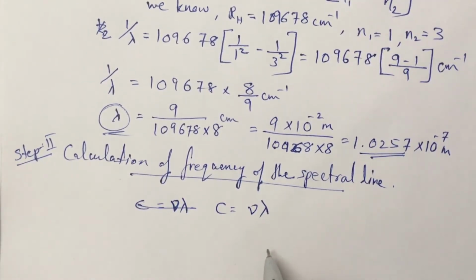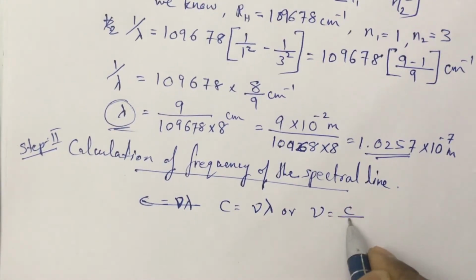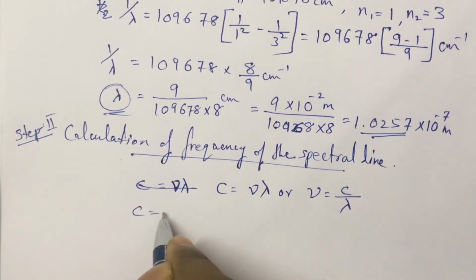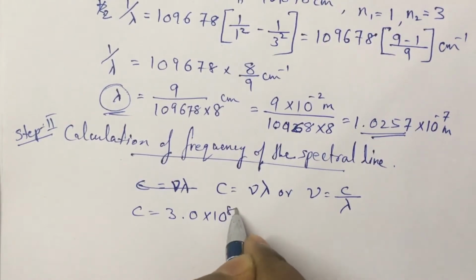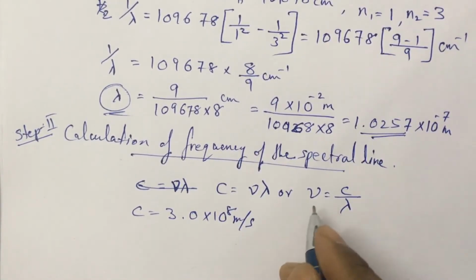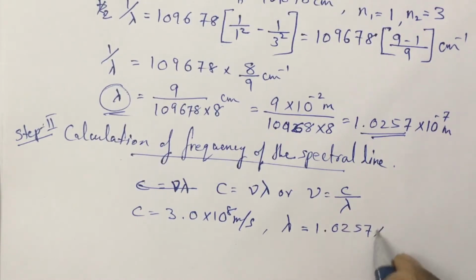Then you can write nu is equal to C by lambda, and we know that C is 3.0 into 10 raised to 8 meter per second, the velocity of light, and lambda we have calculated as 1.0257 into 10 raised to minus 7 meter.